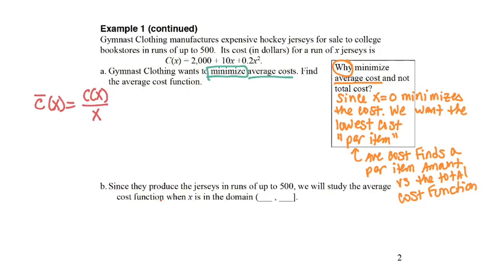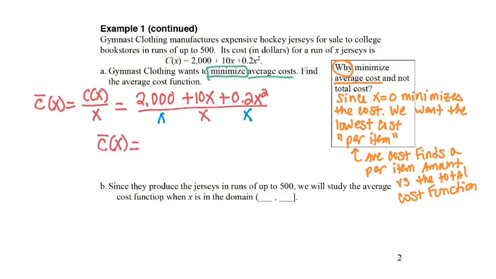And it's found by taking the total cost divided by the number of items sold, and without knowing how many items, we just use the generic x. So I need to copy the question, 2,000 plus 10x plus 0.2x squared, and divide that function by x, which if you remember is the same thing as actually dividing each term by x.